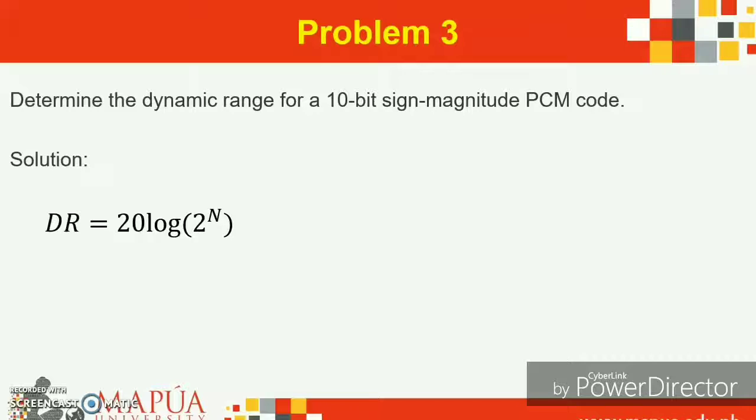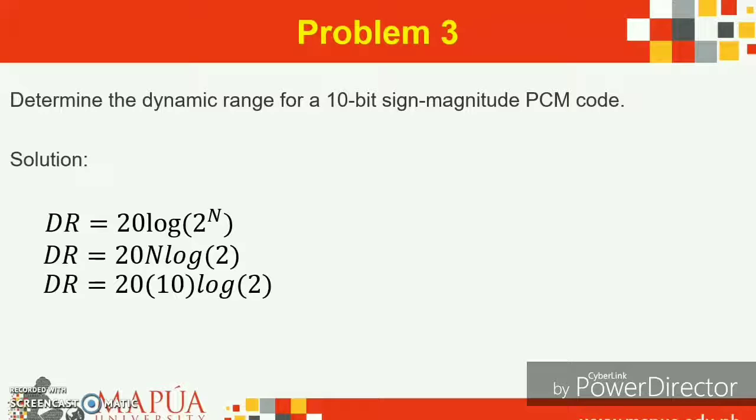So we simplify this formula. We have dynamic range is equal to 20 times n log of 2. So we substitute the number of bits. So we have 20 times 10 log of 2, and our dynamic range is equal to 60.29 decibels. Let's proceed to problem number 4.